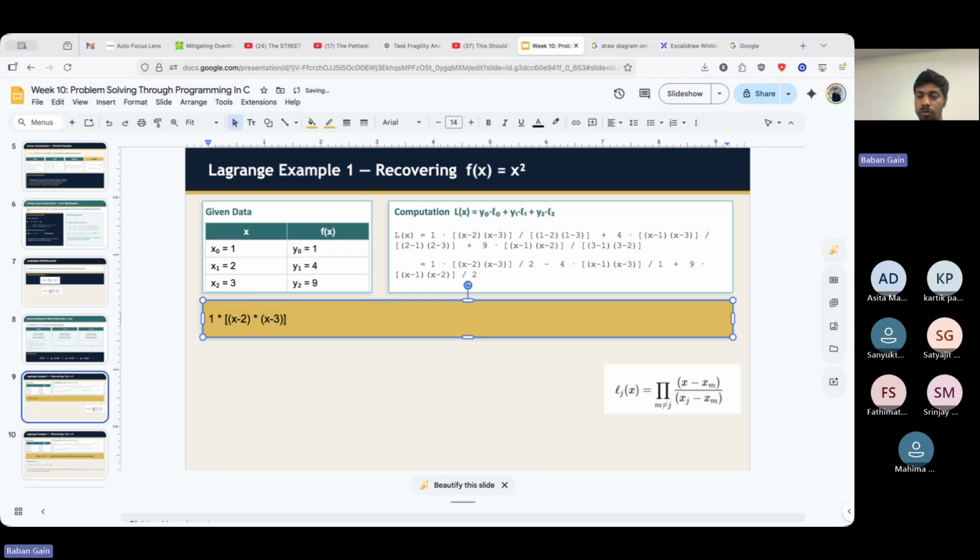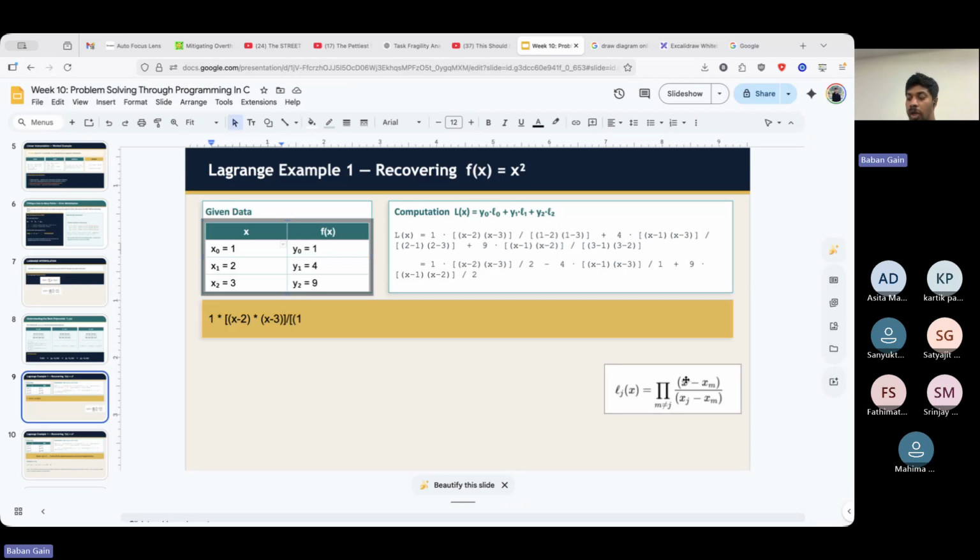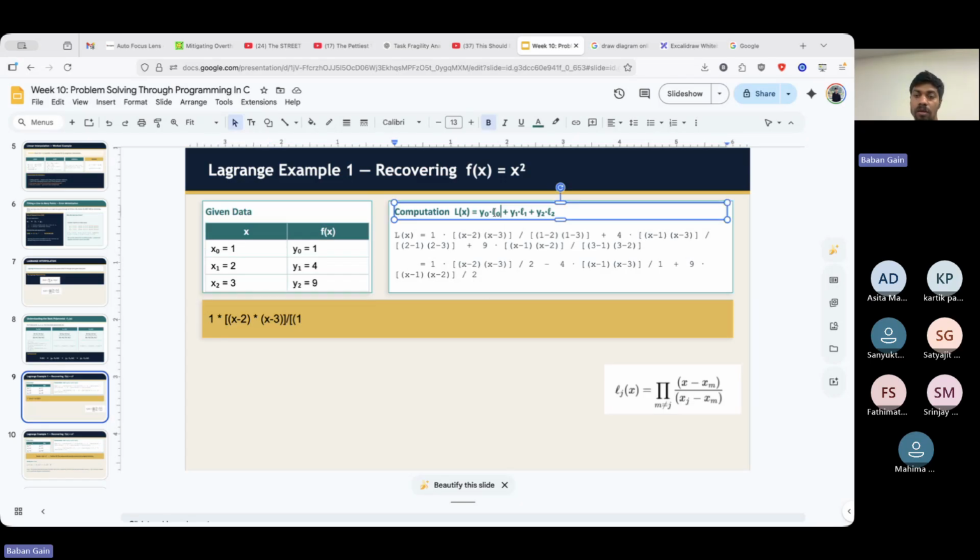After doing that, what we have to do in the denominator, we have xj minus xm. So xj is what? Xj is again here, like 1. X means this one. So at first, one thing to note here is that x means the unknown value of x which you want to predict, and xj means value of the L0.